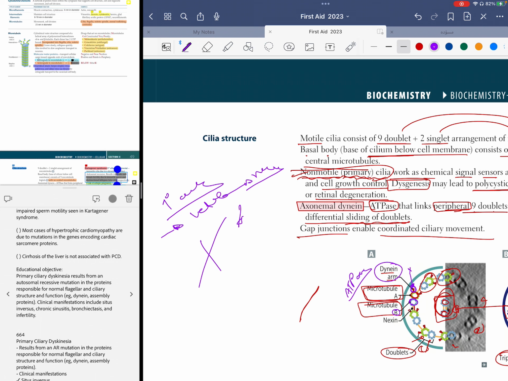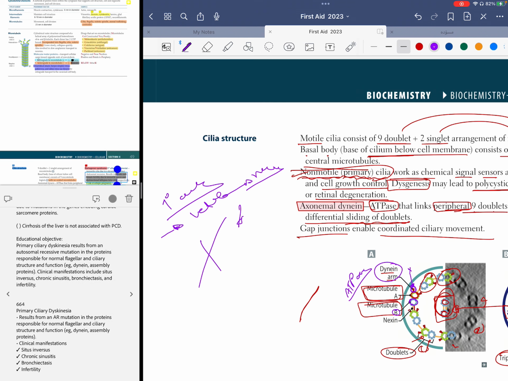Clinical manifestations include situs inversus, chronic sinusitis, bronchiectasis, and infertility. So all of these happen because we have a problem with the ciliary movement. That's why it's called primary ciliary dyskinesia.